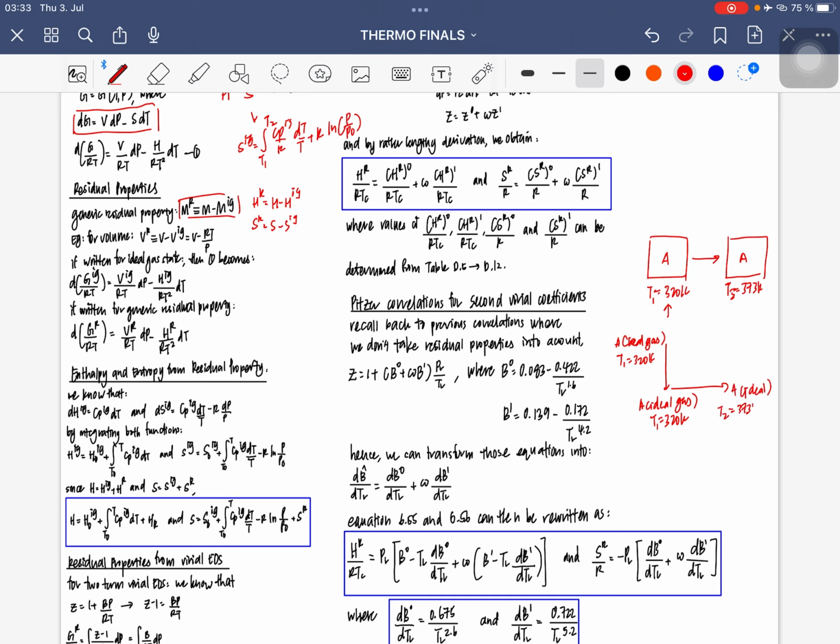We are going to change it to 373K, and then we're going to bring it up to real again at T2 373K.